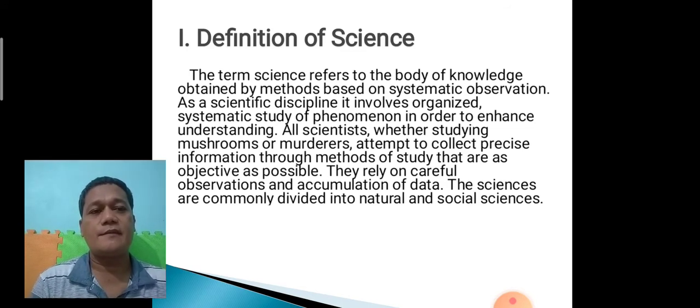But just the same, they are called science as part of science, although some scholars would question that because of the complexity and difficulty of studying human behavior. But just the same, the basic similarities are the observation, the study or analysis, and the accumulation of data.